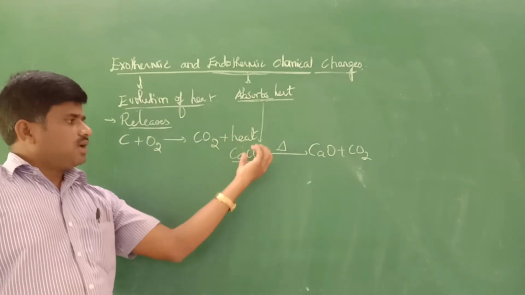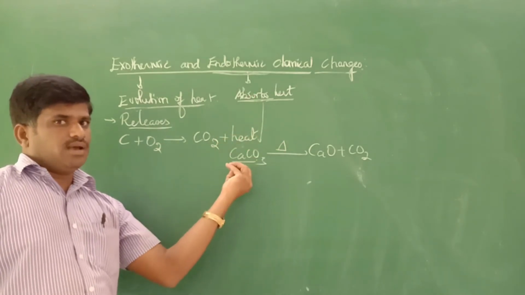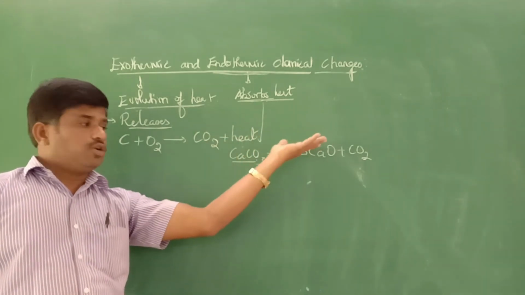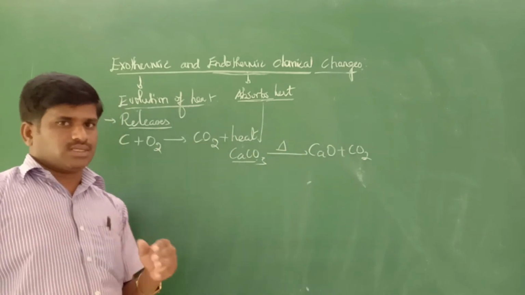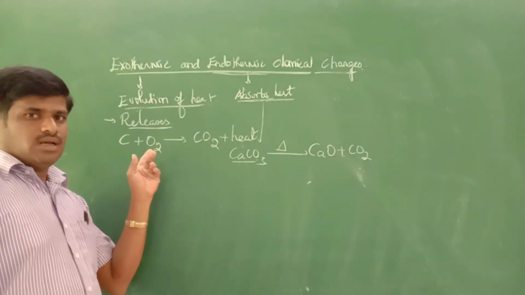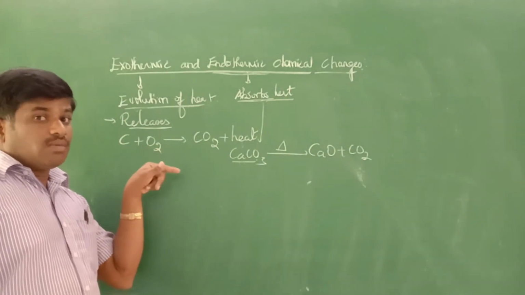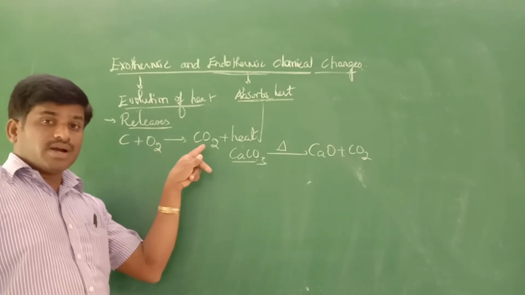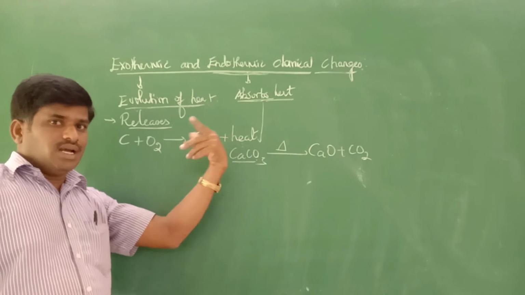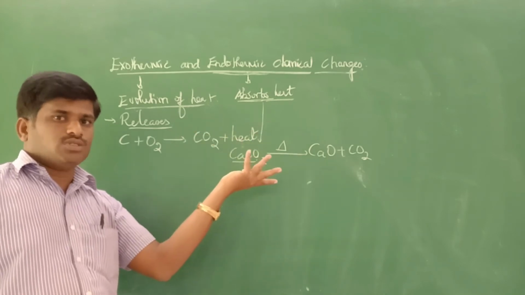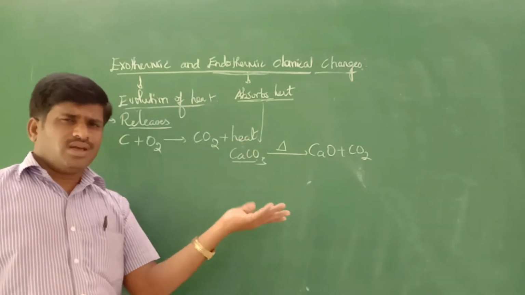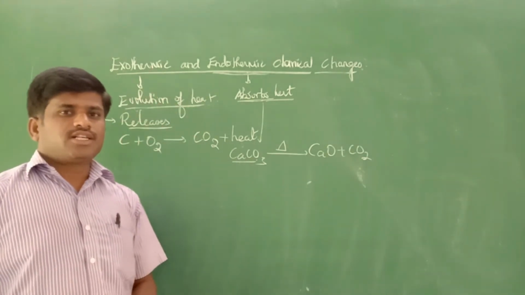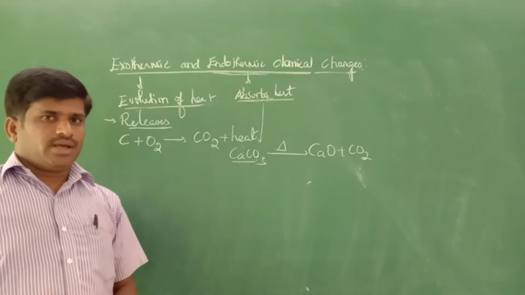In burning of carbon, it forms carbon dioxide and releases heat energy, which we use for other purposes like cooking. Understood? This is about exothermic and endothermic chemical changes.